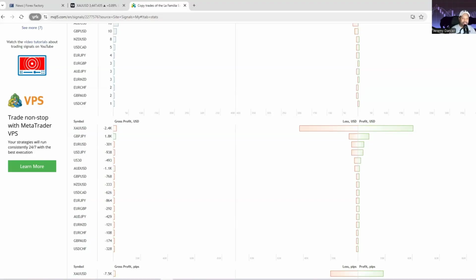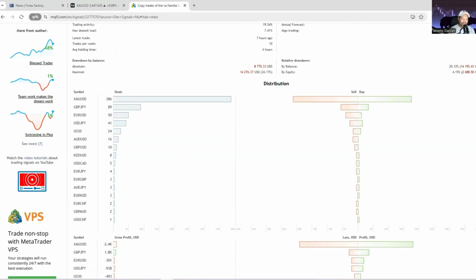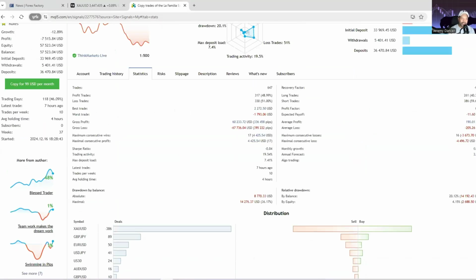So you might be stuck in trades for the entire day if you're trading gold. But I'll briefly go to that in a second, just so you guys can have a visual on that. So this is going to change real fast, okay? And I'm not really worried about it too much.